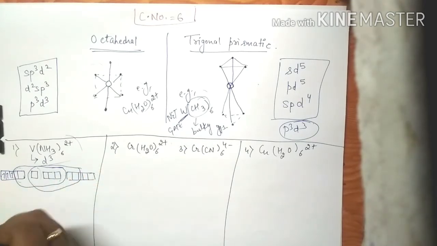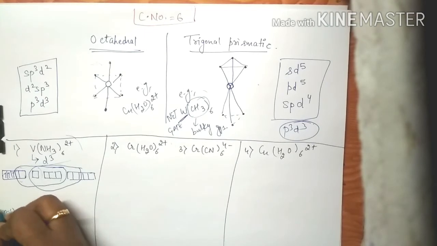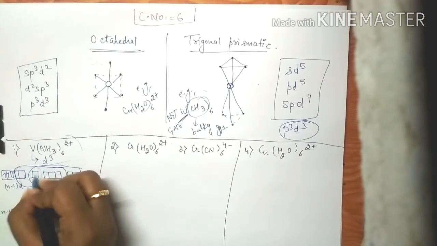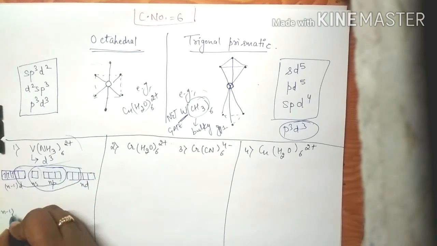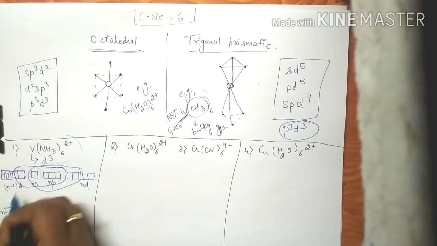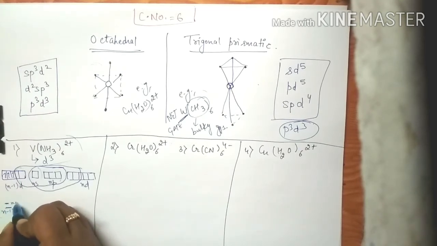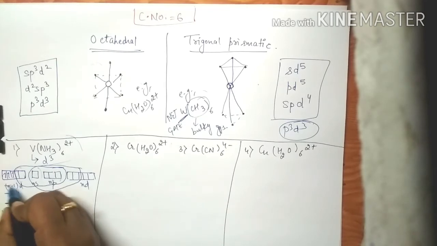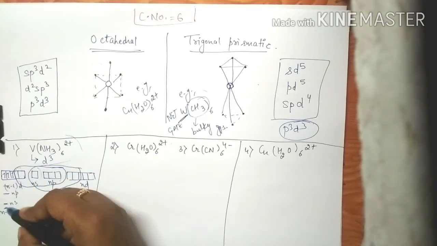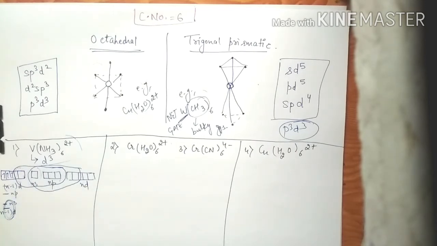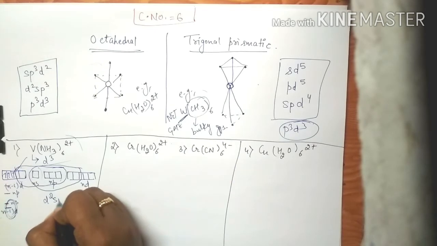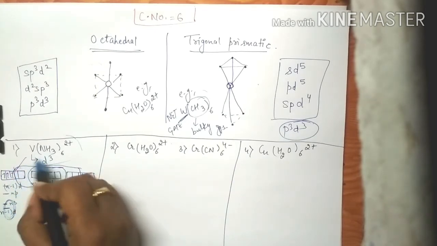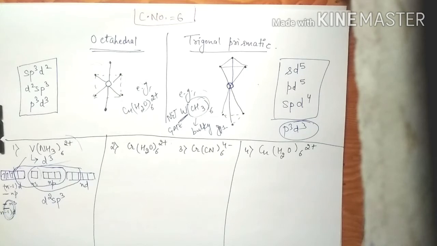But what we know is that this is the (n-1)d subshell, this is ns, this is np, and this is nd. The (n-1)d will be present here, ns here, np here, and nd will be above in the energy profile. Mixing between (n-1)d and ns is favored, so we go for d2sp3 because these inner orbitals undergo mixing really well due to less energy difference.